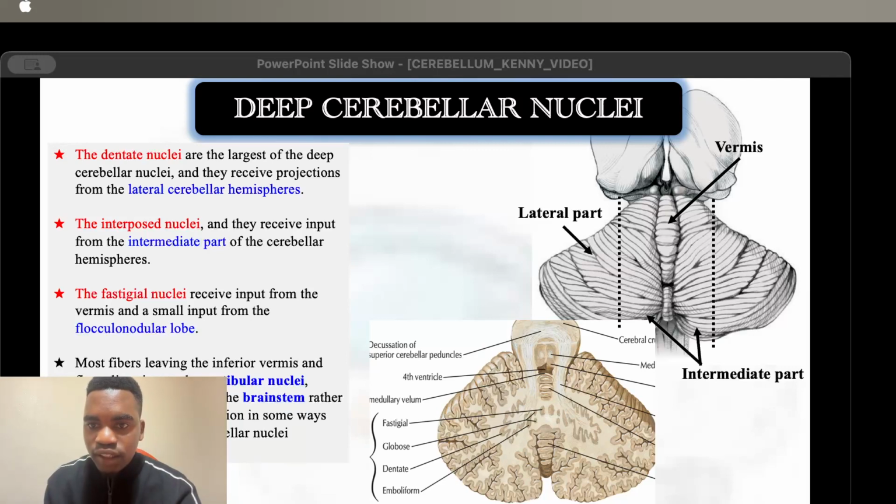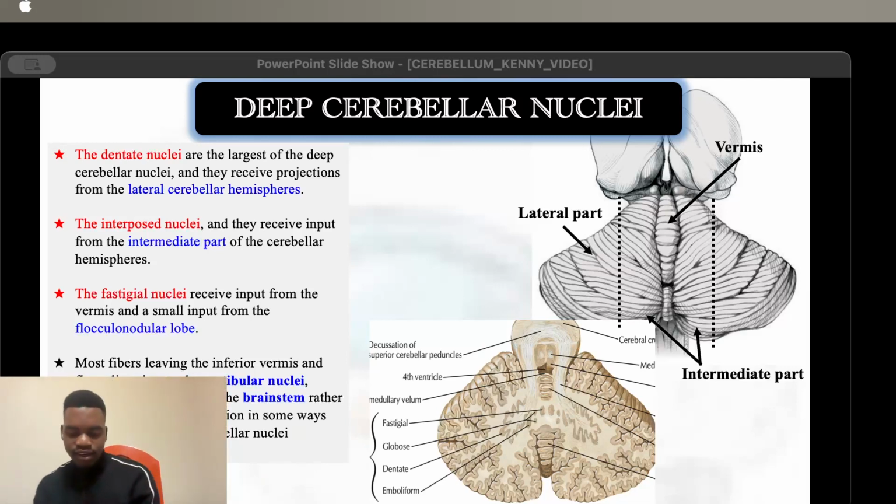So in summary, the most lateral nucleus, which is the dentate nucleus, will communicate with the lateral part of the cerebellum.